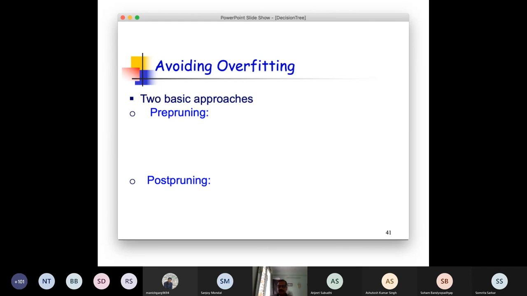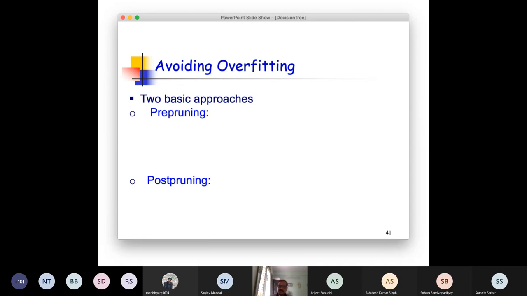If you find that the set of training examples associated with a node is not sufficient, you can live with that situation, because with a small amount of data, the statistical estimate is not very reliable or robust. So just by looking at the size of the training set, in this case we have only one training example, we can leave it.